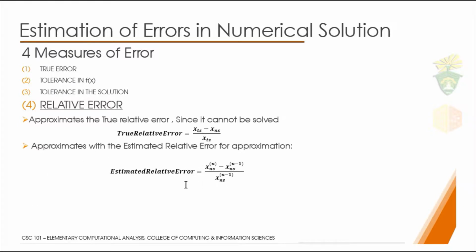So this is the estimated relative error. As discussed, numerical methods involve iteration, and in each iteration it is expected that the numerical approximation of the solution is closer to the true solution. The estimated relative error uses this concept in approximating and is defined as this.